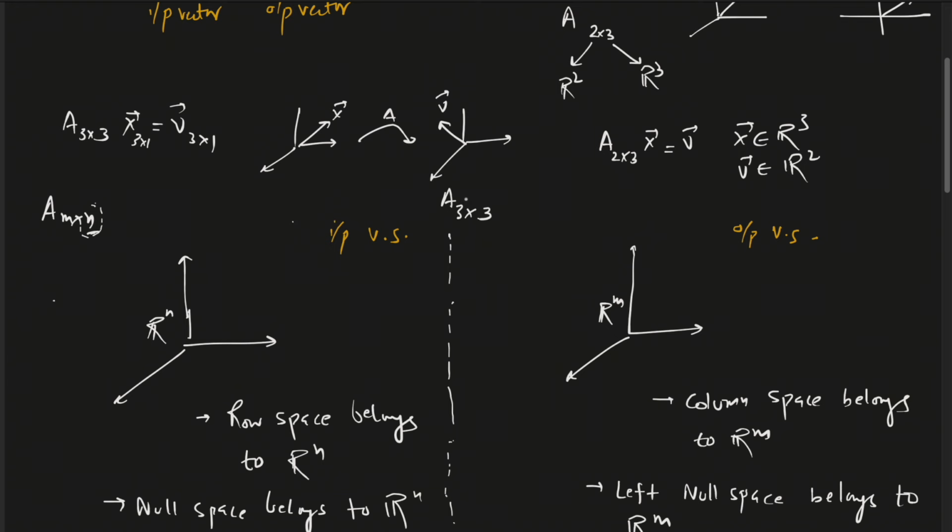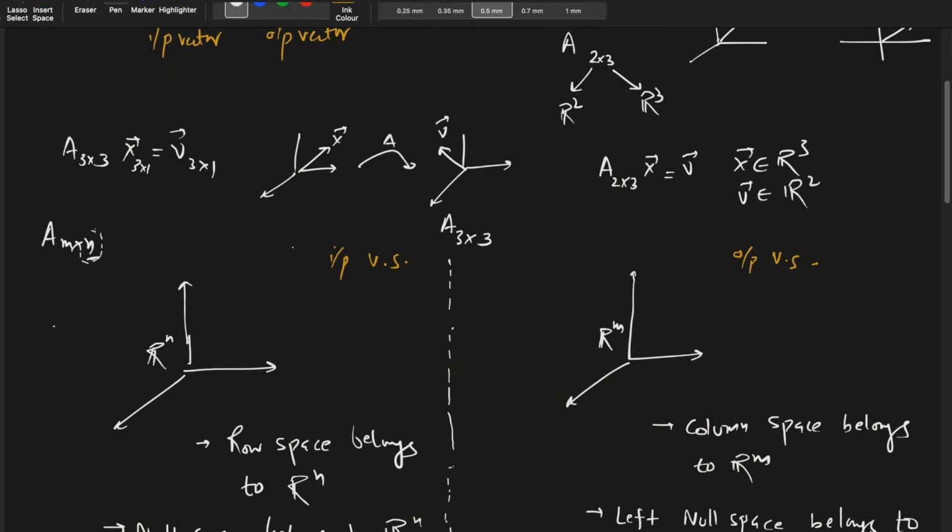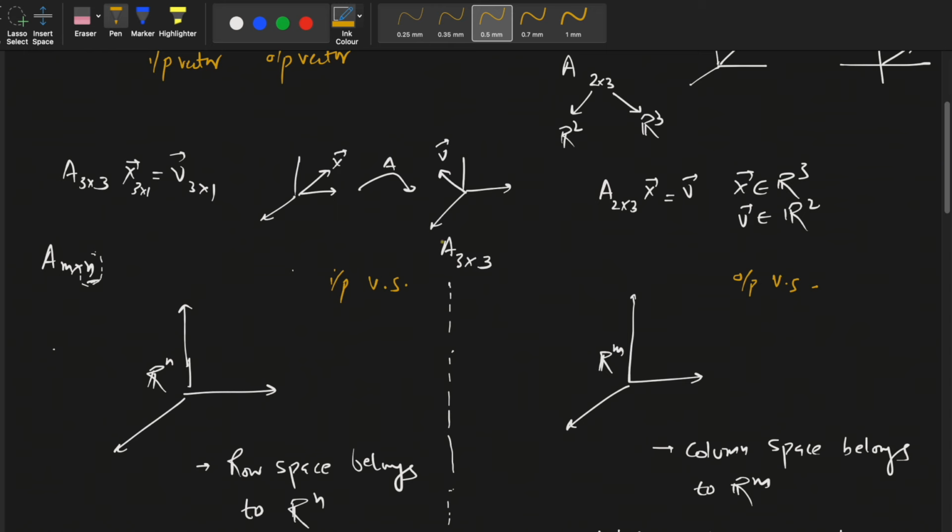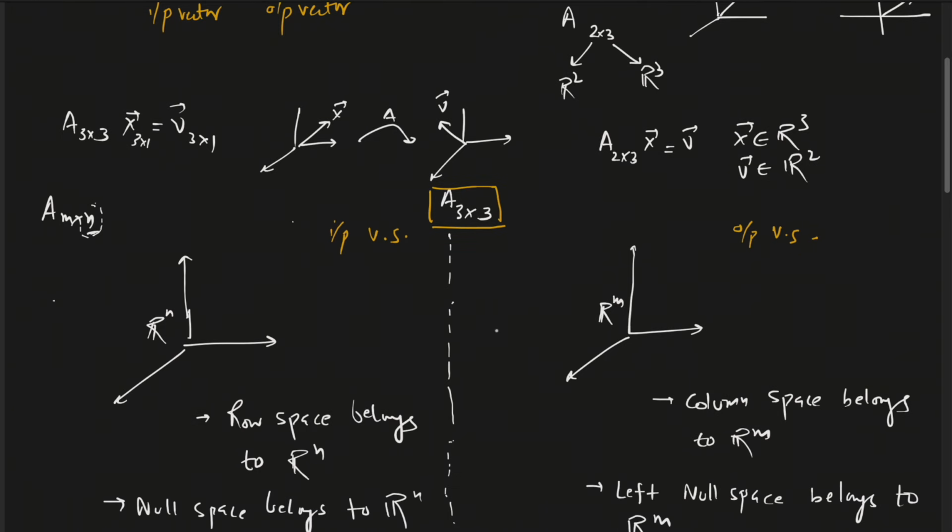In this case, for example, we have taken the special case of a 3 by 3 matrix, that is a square matrix. In the case of a square matrix, both the input vector space and the output vector space are of the same dimension. Here n is equal to m. The row space and null space belong to the input vector space from where the input vector is coming.